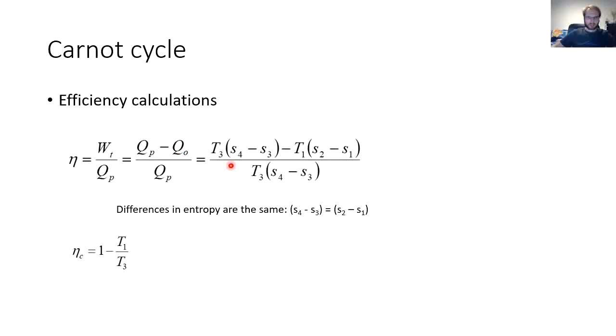So the heat input is temperature T3 times the difference in entropies S4 and S3, and the heat output is temperature T1 times the difference of entropies S2 and S1.